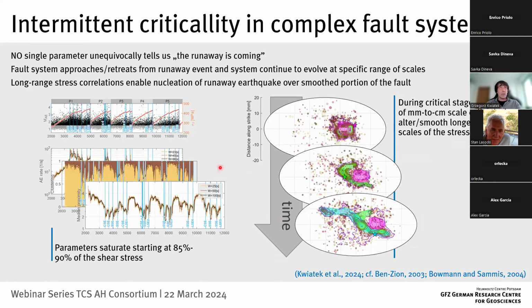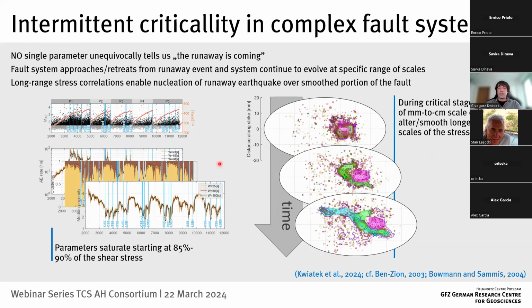So what is happening in that complex fault zone is believed to conform to what is called the intermittent criticality framework. First of all, what we see in the evolution of the parameters is that the parameters that we discuss show saturation, fluctuation, or generally an erratic behavior at the high level of stress.